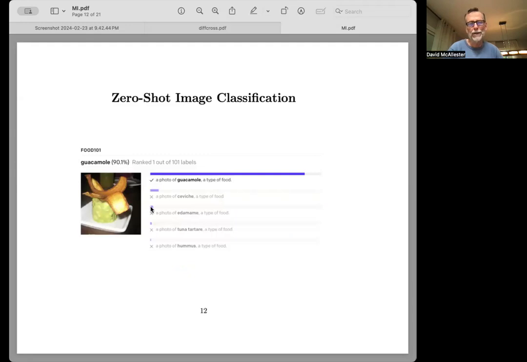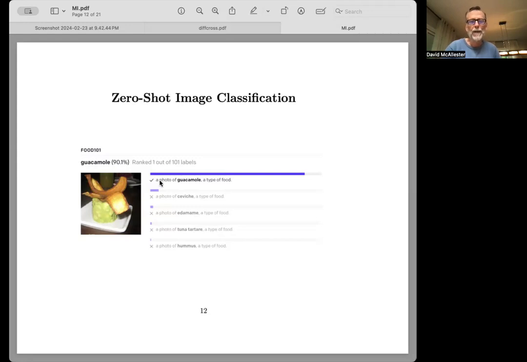And then they showed, here's classification of food. They're doing what's called zero-shot image classification. What they mean by zero-shot is they're taking a corpus of data, image-text pairs, that they scrape from the web, and they're not doing any more training than that. Given that, with no additional training, they can classify food.